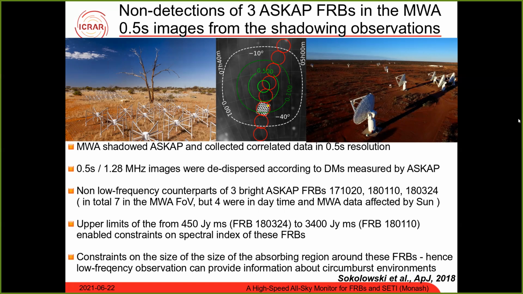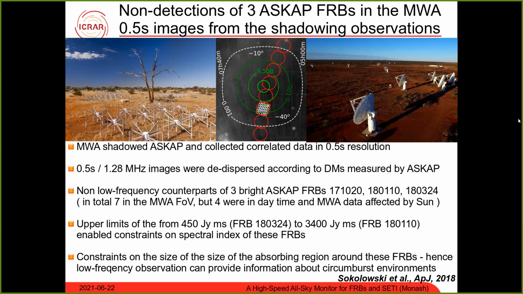In 2018 and 2019 we shadowed the same field of view as the ASKAP radio telescope, which was running its FRB survey at the time. So we were co-observing, collecting data at half-second resolution, and then we imaged this data at the same time resolution and in 1.28 megahertz channels to be able to disperse.